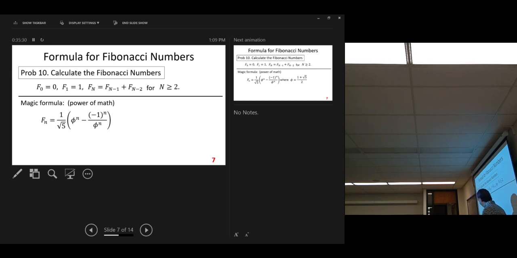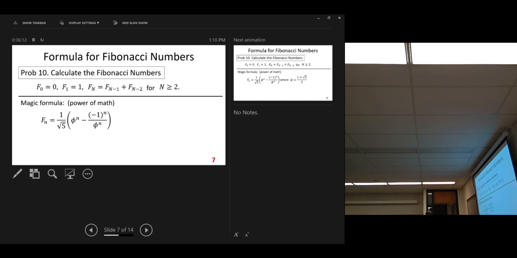This is the magic formula: 1 over square root of 5, times phi to the nth power minus this, over... Although phi is not an integer, after you do all the calculation, you get an integer. How good it is. Golden ratio and the Fibonacci numbers, that's the connection.